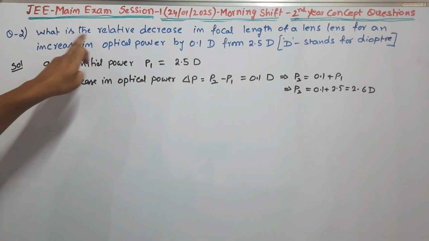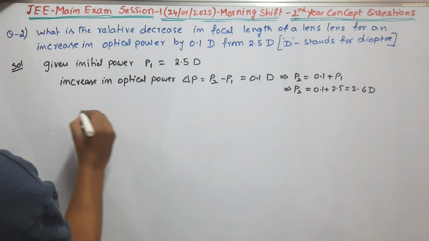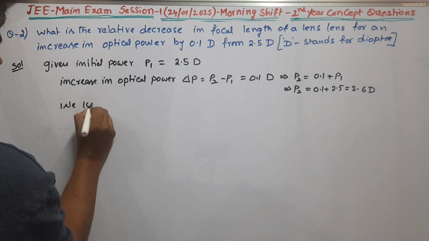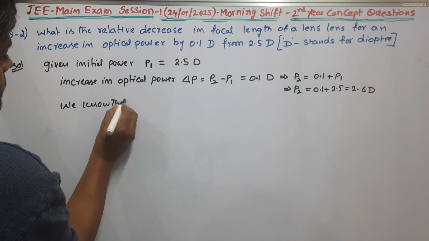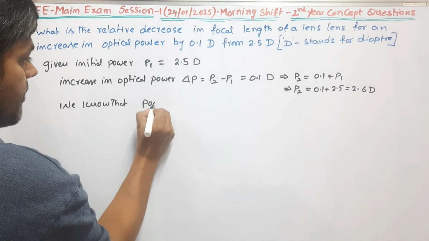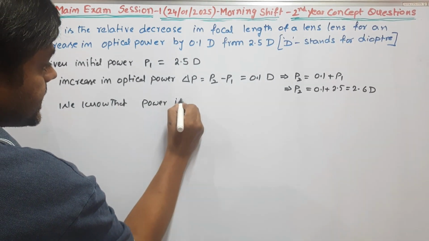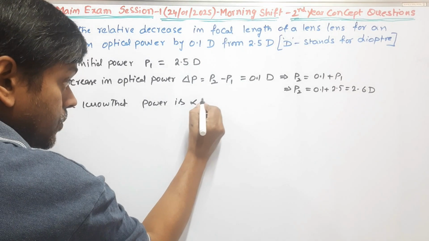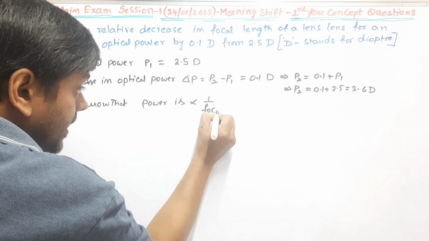But what is being asked? The relative decrease in focal length. We know that the power of a lens is inversely proportional to focal length.